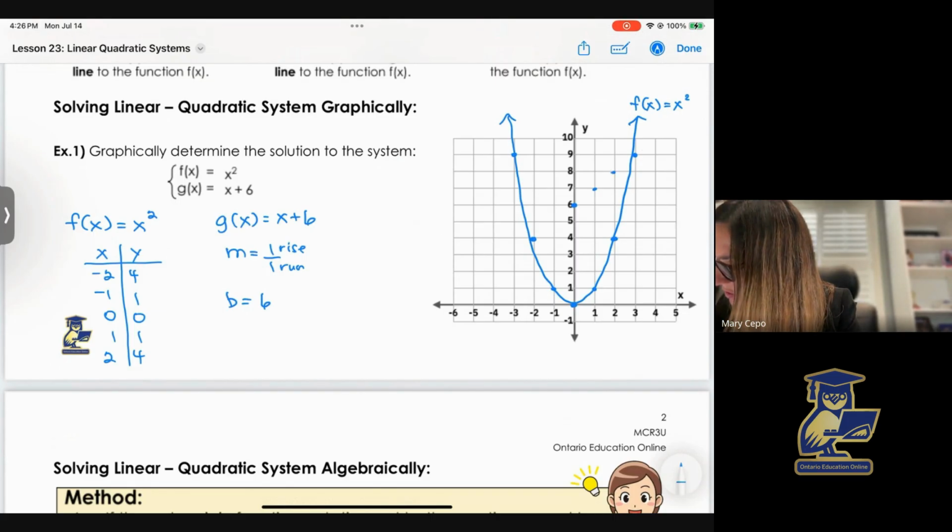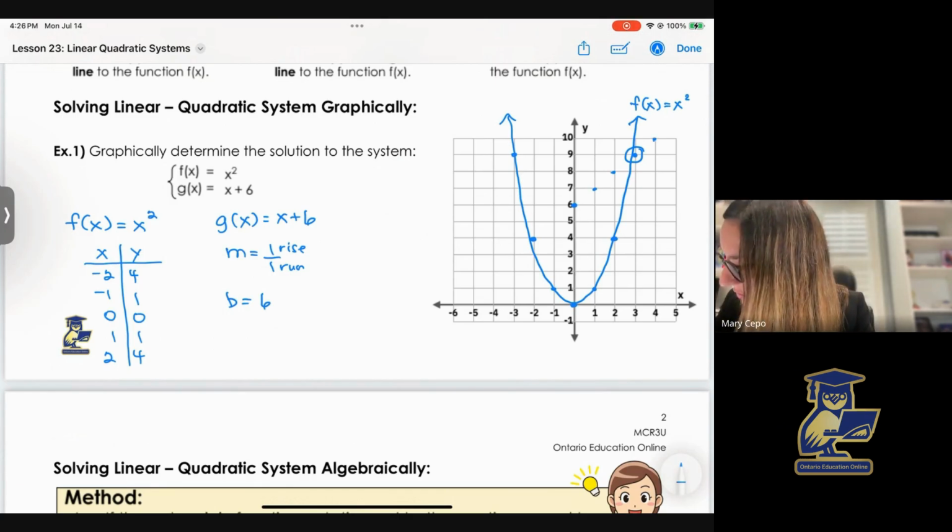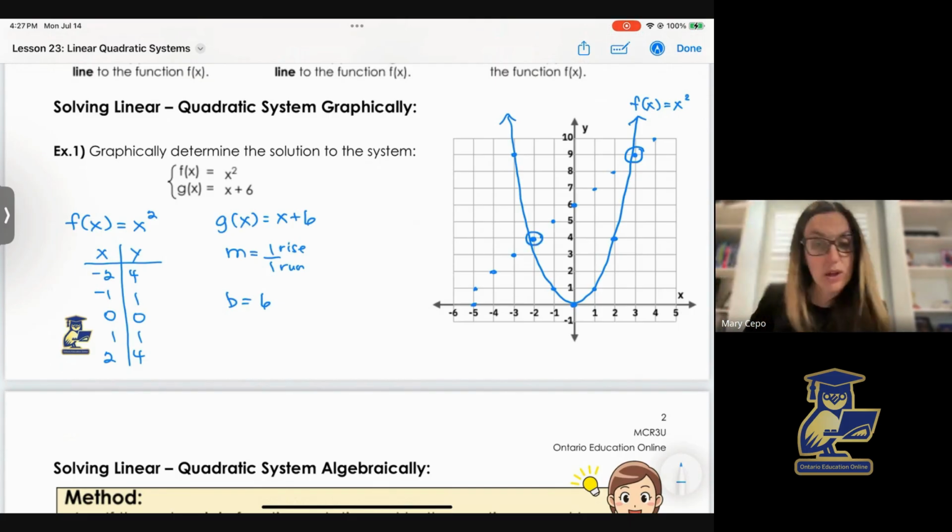And if you notice, we do end up crossing at one point for sure. Now again, graphing the linear function in the opposite direction. All right, so we notice it does cross at 2 points. So therefore, this linear function is a secant line to the quadratic function.